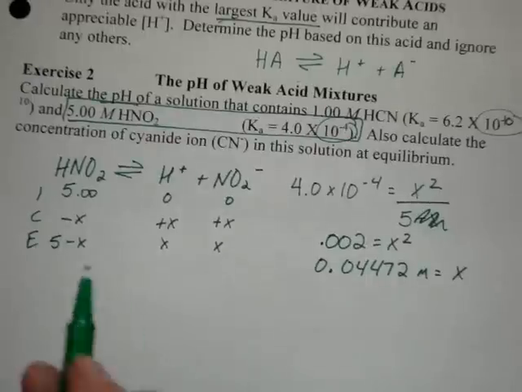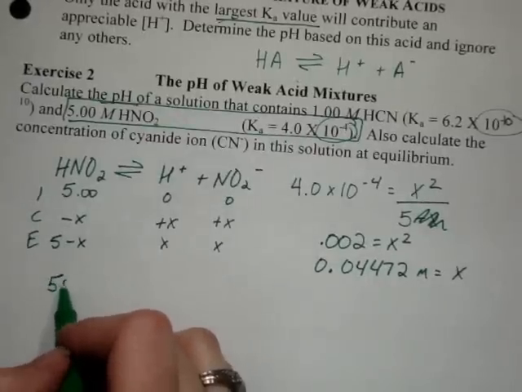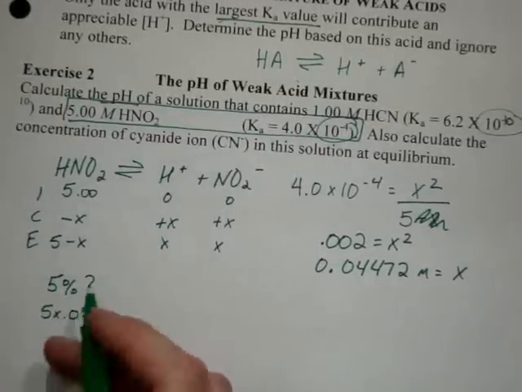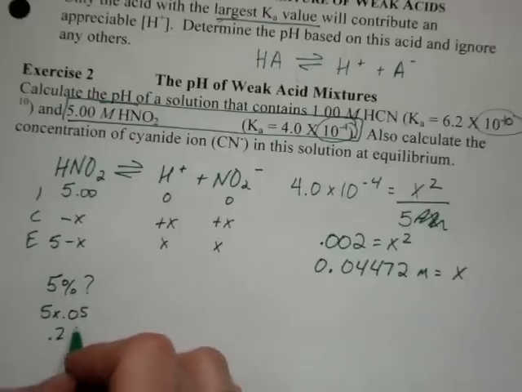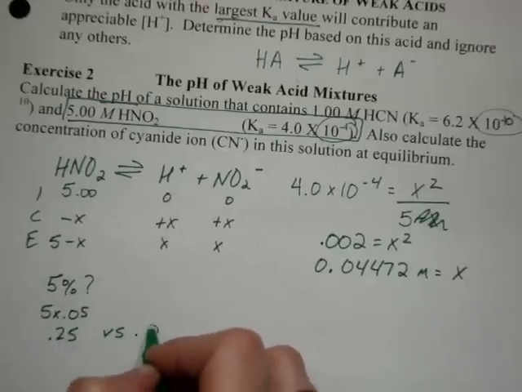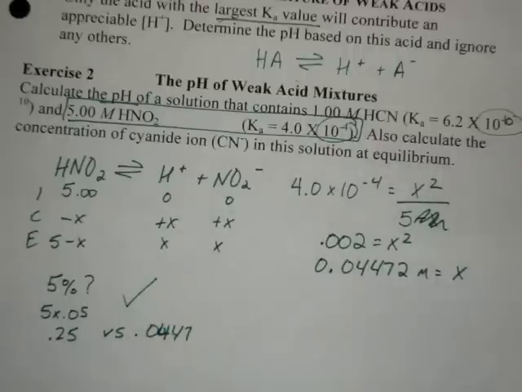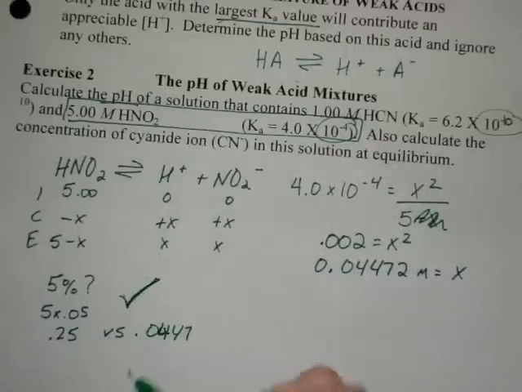I should check my 5% just to make sure. 5 times 0.05 is 0.25 versus 0.0447, so that is definitely okay for me to do. Much smaller.